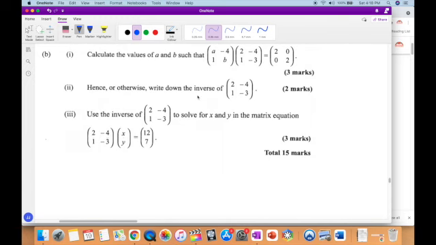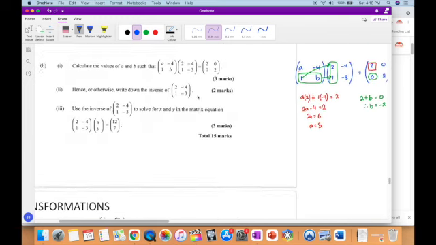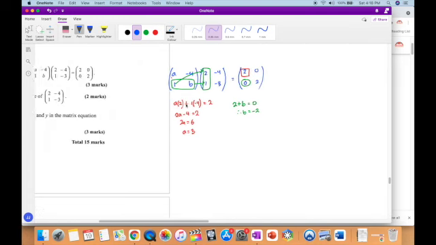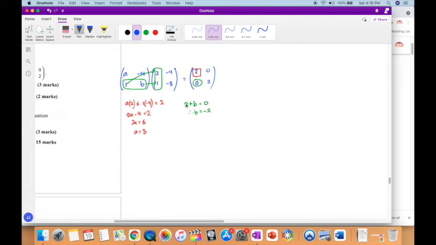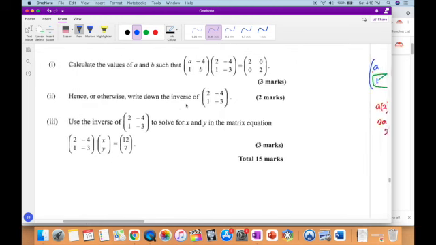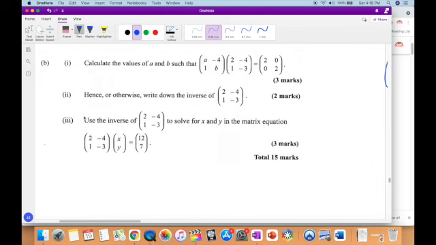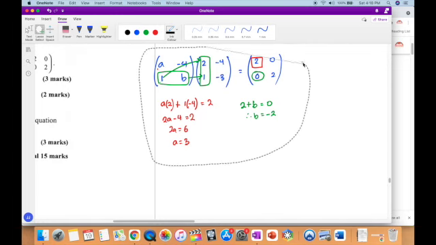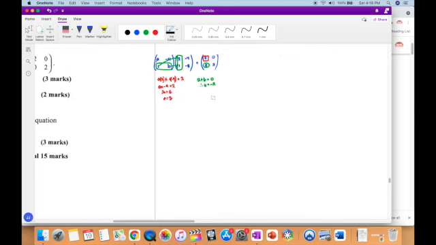Hence or otherwise, write down the inverse of that. Yeah, I know how to do it hence, but I don't need to do it hence. I could just do the inverse of that, right? So the inverse of that, let me just move this right next to it here.